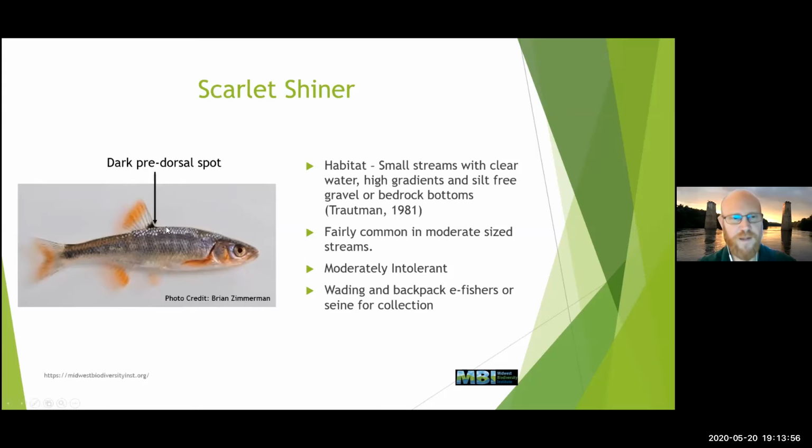But the big thing is that dark dorsal spot. They like clear water, silt-free. As long as you have those conditions, they're pretty common in the moderate-sized streams. They're moderately intolerant. Again, electrofishing, and you can get them with a seine as well.